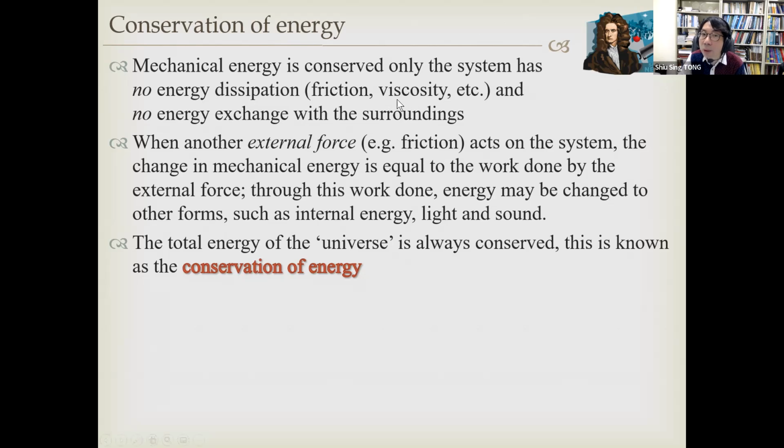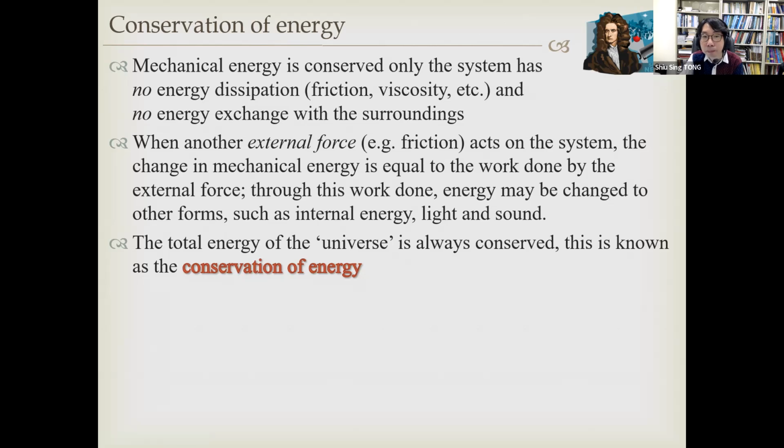But in the real world, there are dissipative forces, right? There is always friction, there is always viscous force, or even drag force if you are talking about a fluid motion, right? And so we regard these forces as external forces. For example, the frictional force may be regarded as an external force that acts on the system.